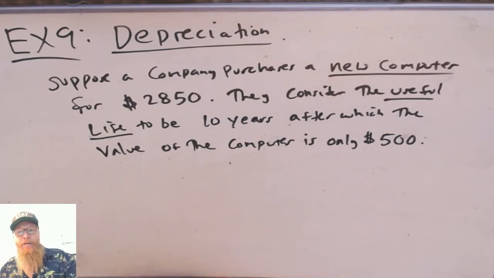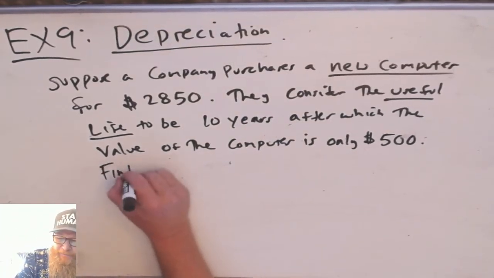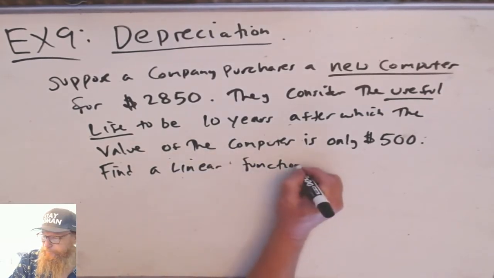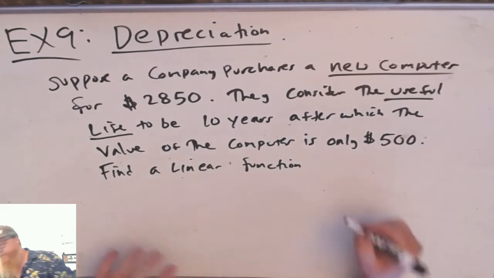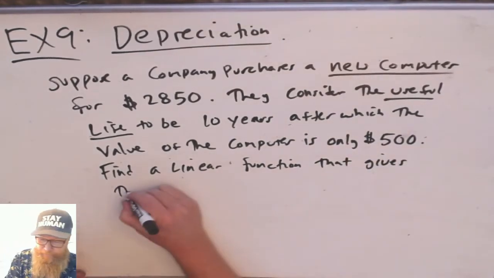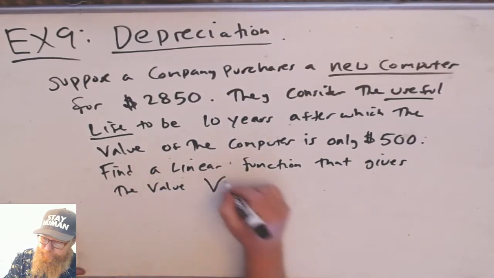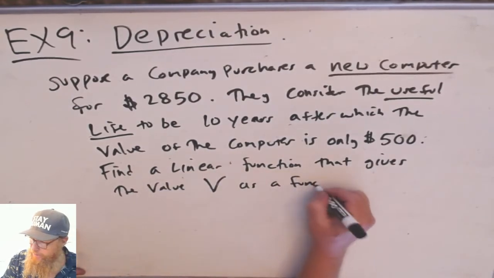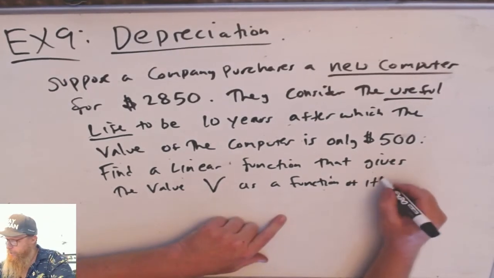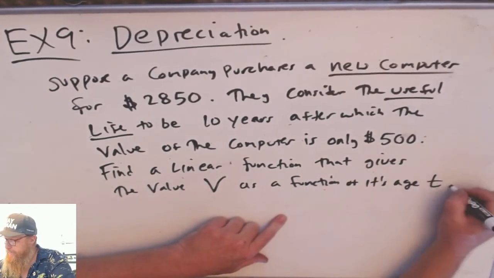Okay. So find a linear function that gives the value as a function of its age, t.